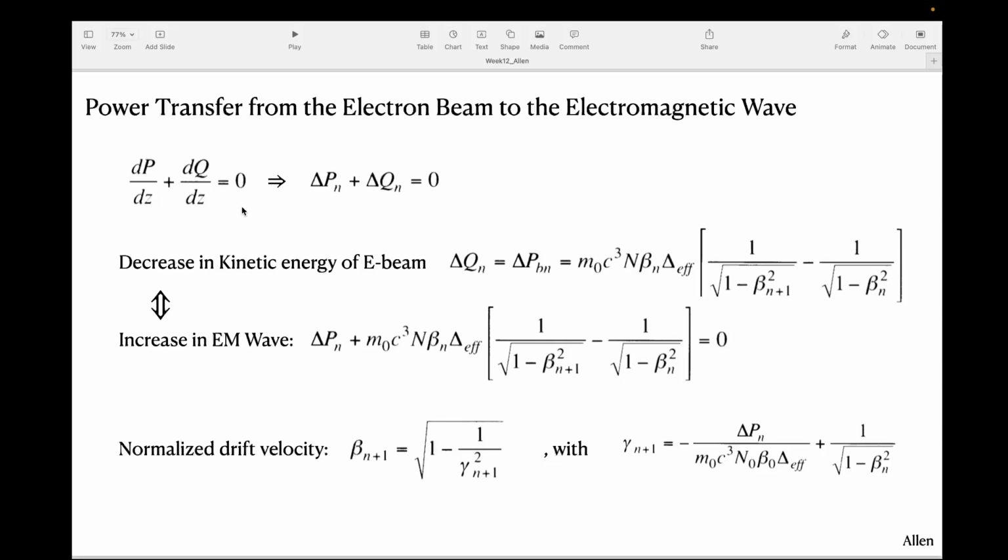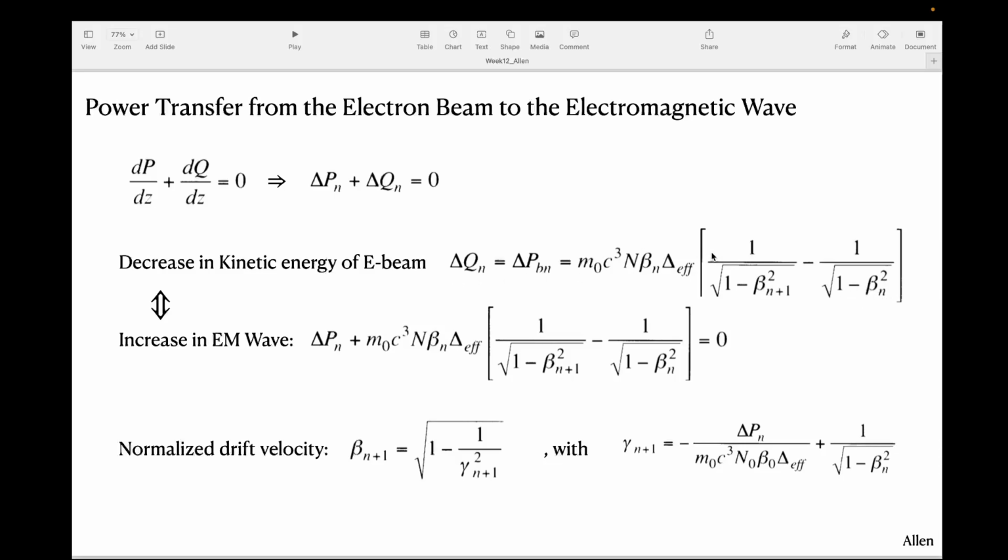So from the energy conservation that we just verified before, we can get the power difference between each segment. And of course, the decrease in kinetic energy corresponds to an increase in EM wave. So first, we can calculate the decrease in kinetic energy of the electron beam, which is the n plus 1 segment minus the n segment.